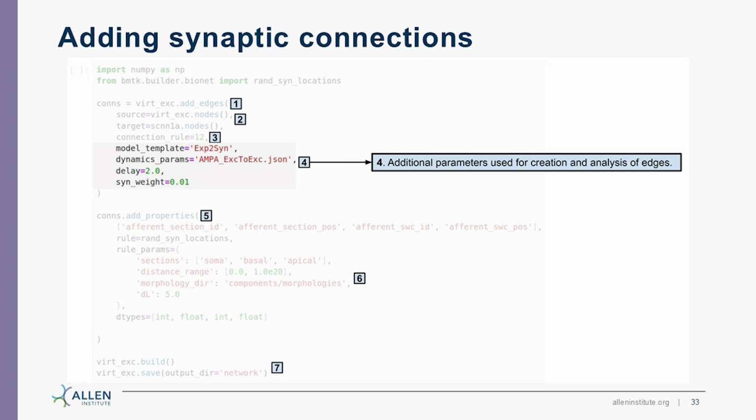And in here, you can specify the synaptic weights and the delay of that synapse connection. You can instantiate as many edges as the different synapse models or properties that you want to add, because this one will make all the connections between these two the same.